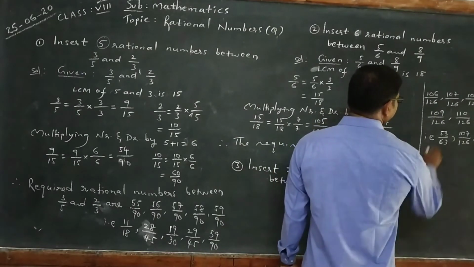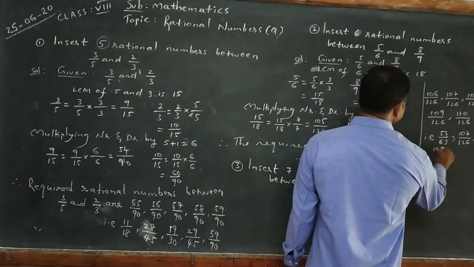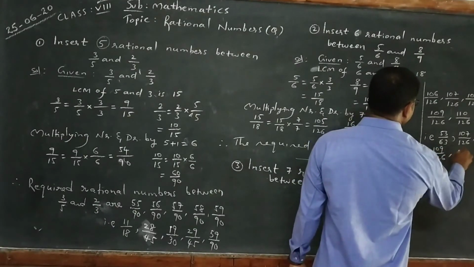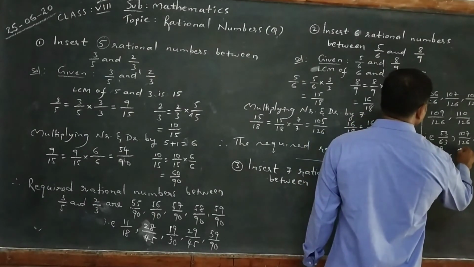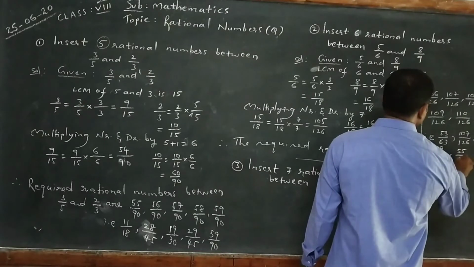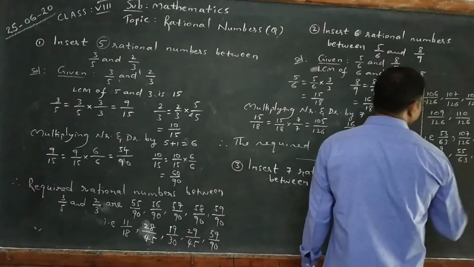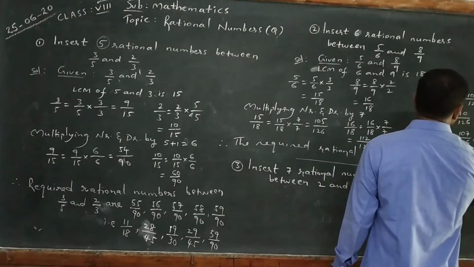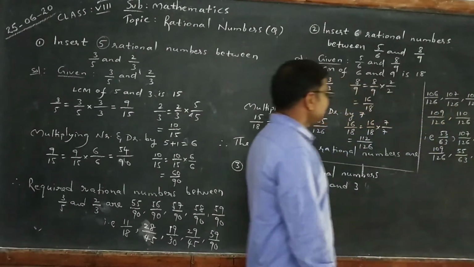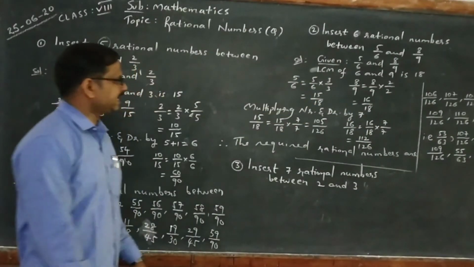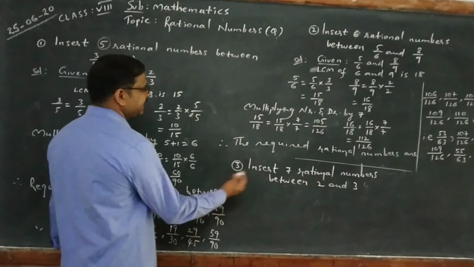Next, 110 by 126: 2 55s are 110, 2 63s are 126. The others are as they are. Clear? So 6 rational numbers can be inserted. Any 6 we can.